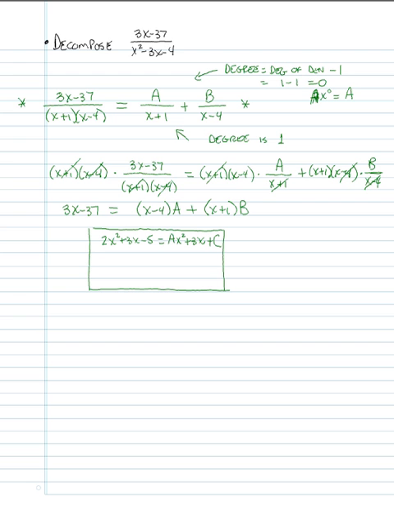The question is, what are the values of a and c? Those are the only two pieces we don't have information about. What we end up doing is we compare them and say if these two sides are the same, then on the left side, the coefficient of x squared is 2, but on the right side, the coefficient of x squared is a, so that tells us that the a value actually has to be 2.